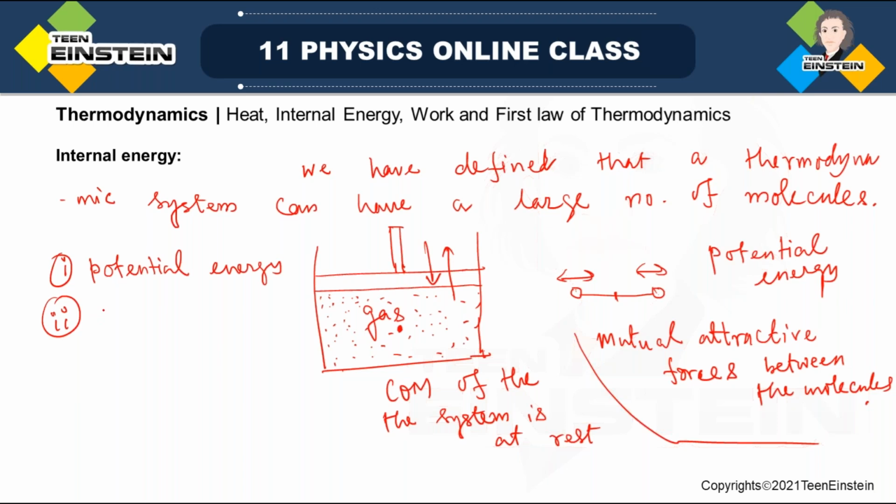How many types of kinetic energy can it have? Translational kinetic energy, vibrational kinetic energy, and rotational kinetic energy.